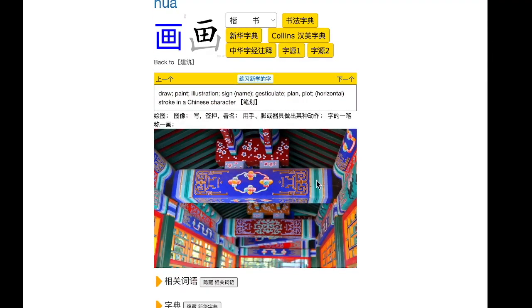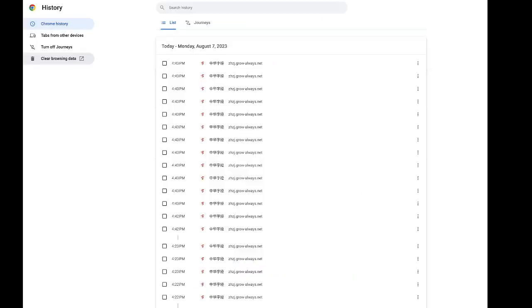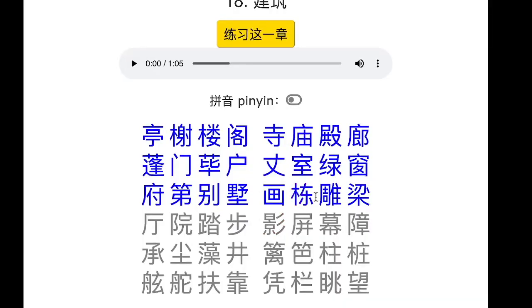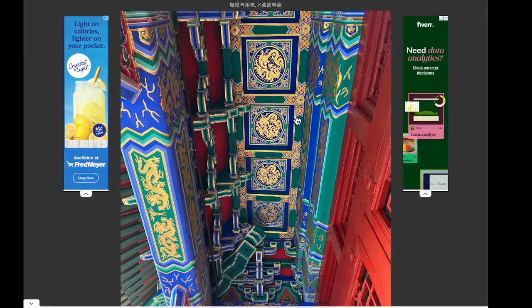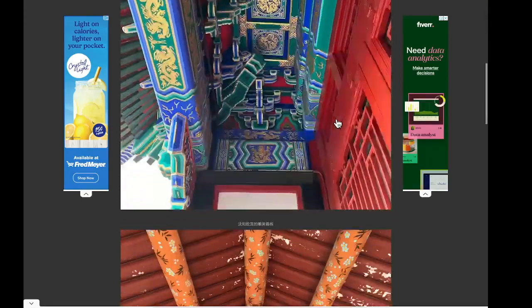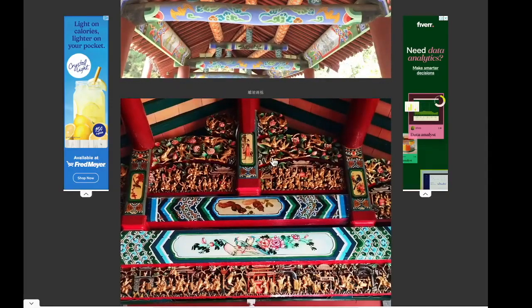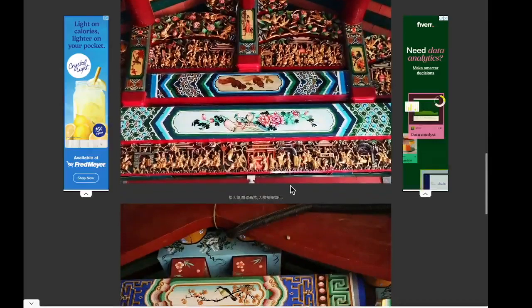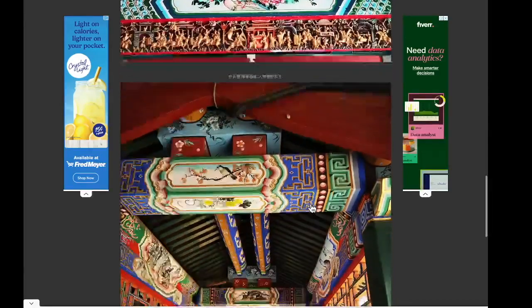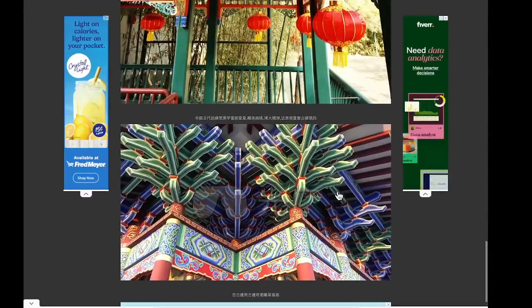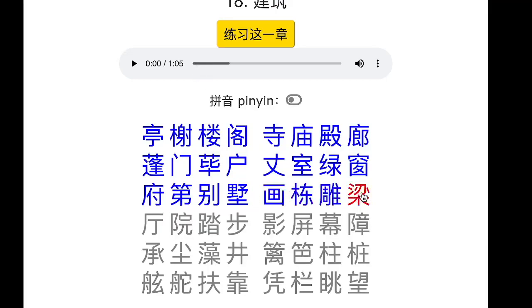Here's when they're all painted, all beautiful and colorful. We've got more examples of 画栋雕梁, these fancy carvings, ornate paintings, highly decorated. See, these are like the carvings, they're relief, and these are painted. Pretty nuts. Very elaborate. So that's what this is about.